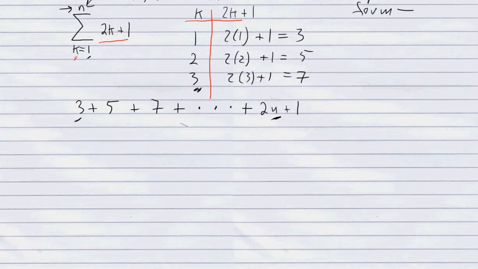Okay, so let's try another one here. Here's a formula I'm looking at: sigma from 1 to n of, let's do something a little bit different here, 1 over 2 to the k minus 1, say.